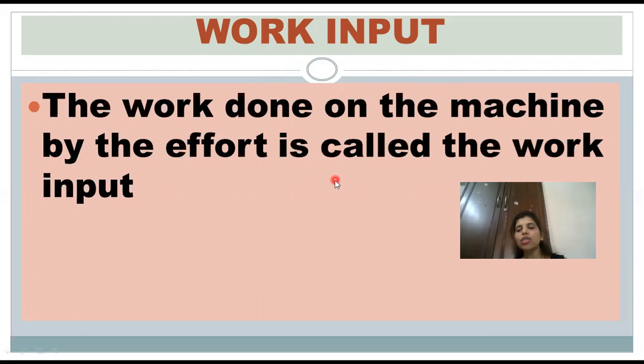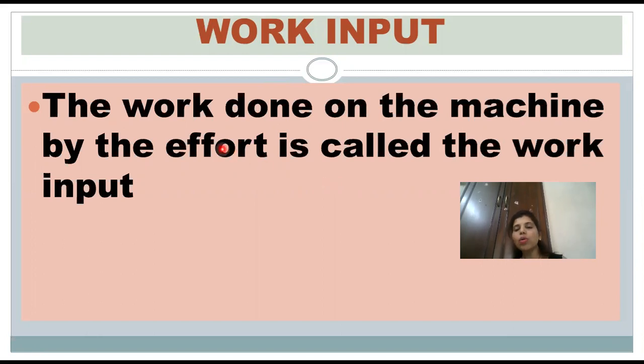As I showed you the meaning of effort, the robot is going to help to push the load. So when you are pushing the load, you are applying effort. The force on the machine to push against the resistive force is known as the effort.